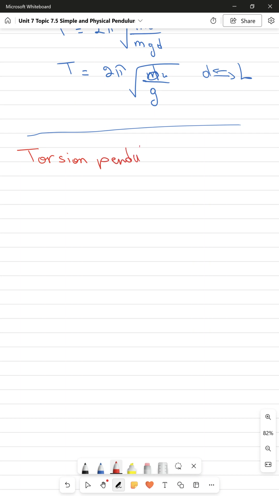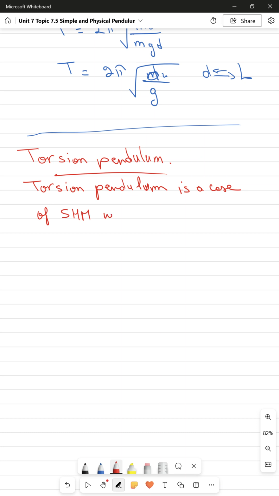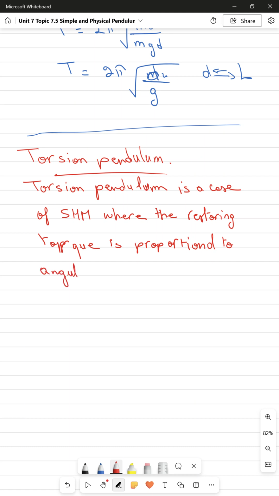The second one that we'll talk about is the torsion pendulum. A torsion pendulum is a case of simple harmonic motion where the restoring torque is proportional to angular displacement.